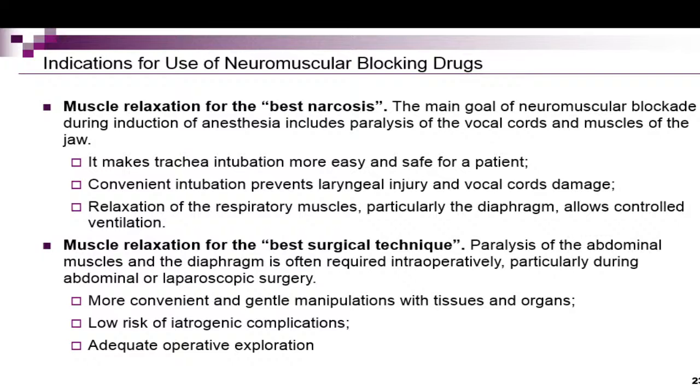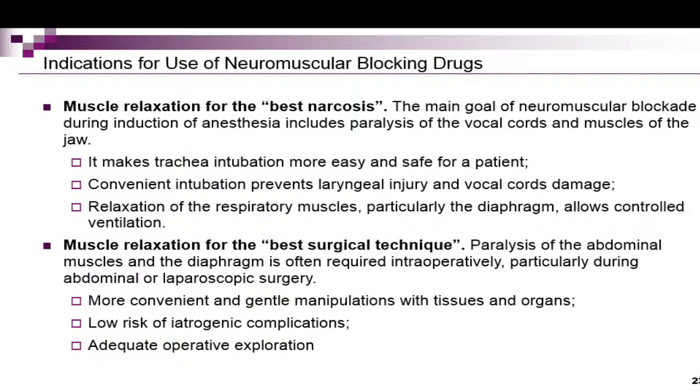It makes trachea intubation easier and safe for the patient. It produces convenient intubation, prevents laryngeal injury and vocal cords damage, and relaxation of the respiratory muscles, particularly the diaphragm, and allows controlled, adequate artificial ventilation of lungs.